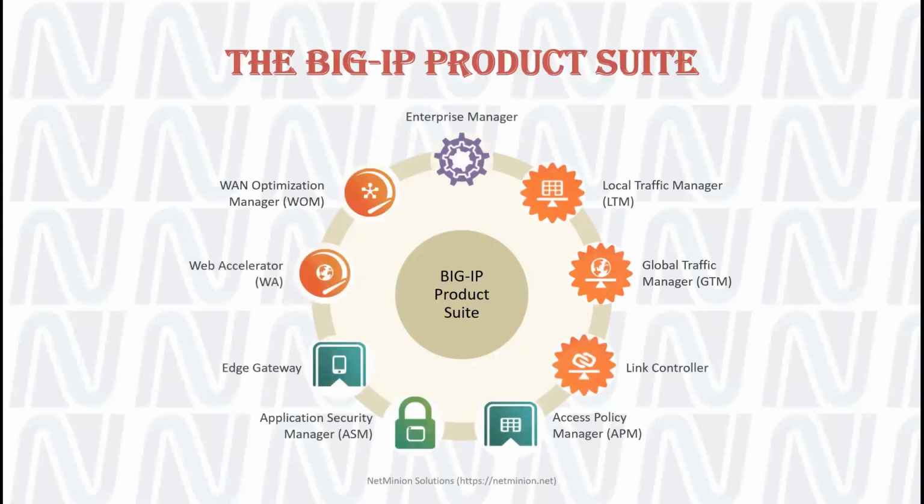Now you can see a slide showing the different product suite for Big IP. Big IP is like Cisco, which has expertise in Nexus, in the WAN, in the LAN, in storage and wireless. Similarly, they have a product suite family of Big IP, whether we are talking about LTM, GTM, ASM, APM, ARM, whatever.